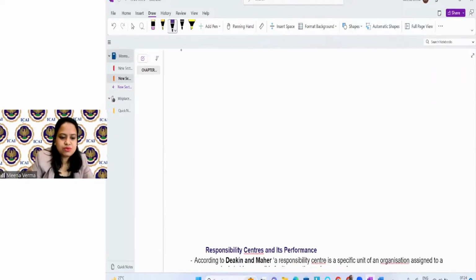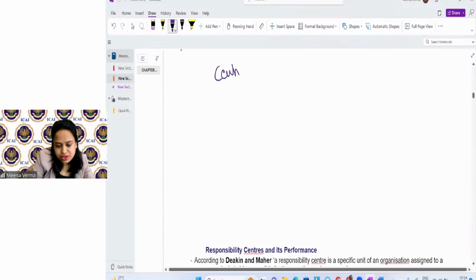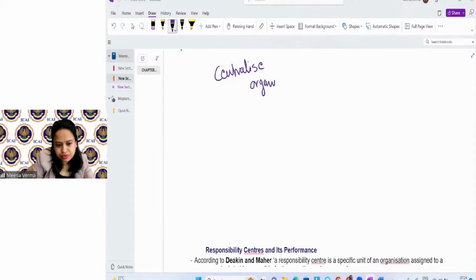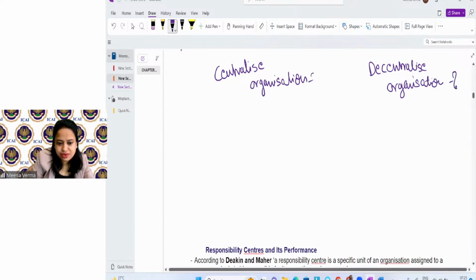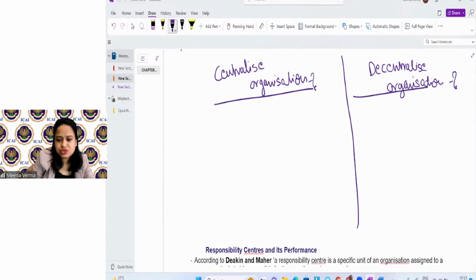So now the question comes, what is centralized organization and what is decentralized organization? Let's talk about them.